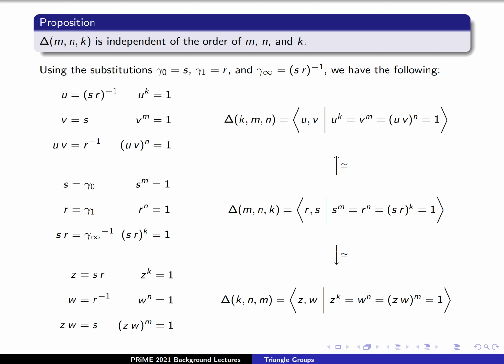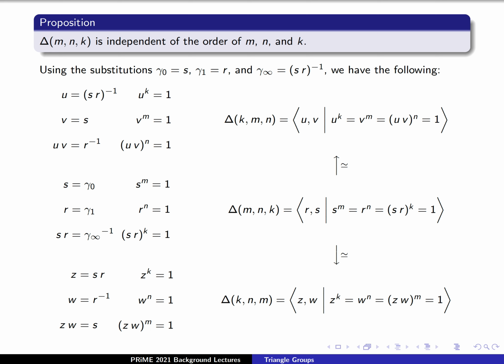Moving towards the bottom of the screen, we can do the same thing, but now for 2 new generators, we'll denote by z and w. Let's denote z as s times r, w as r inverse, and so that zw equals s. Now it's easy to check that z to the k equals w to the n equals zw to the m equals the identity.